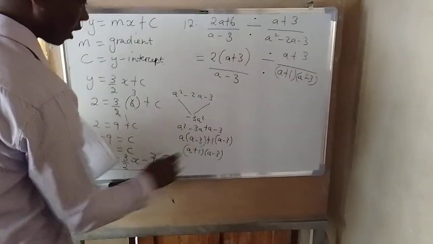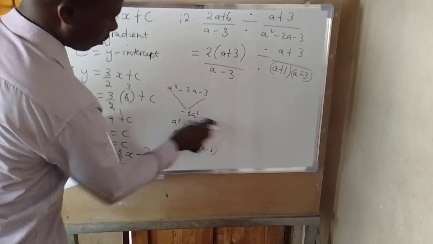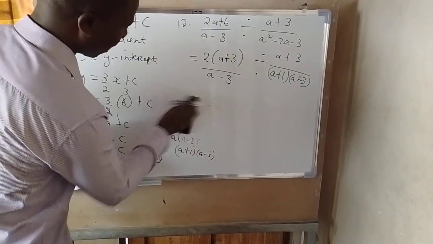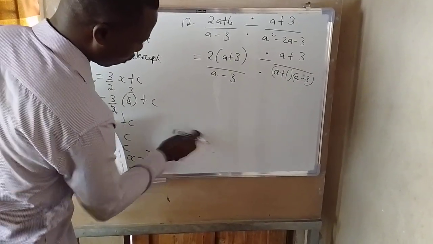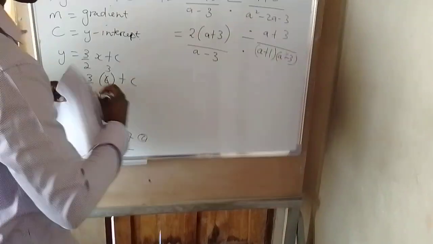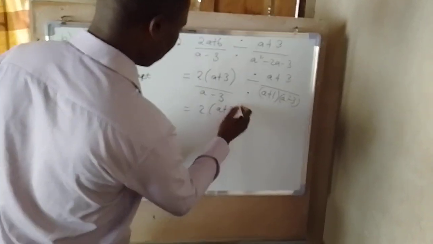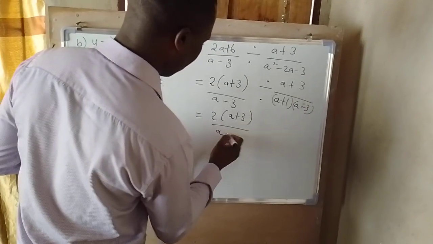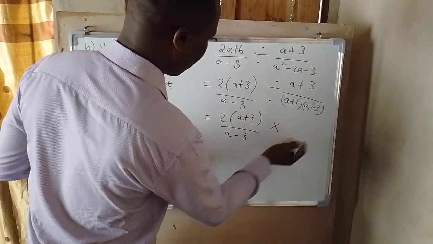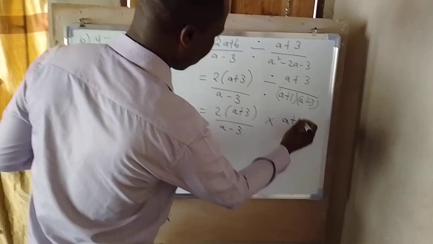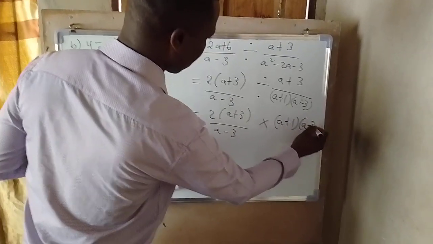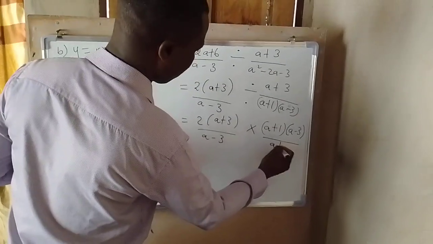Now the next step, we are going to change the division sign to multiplication sign. That's the rule. So this becomes 2 into a plus 3 all over a minus 3 multiplied by, we invert now, a plus 1, a minus 3 over a plus 3.